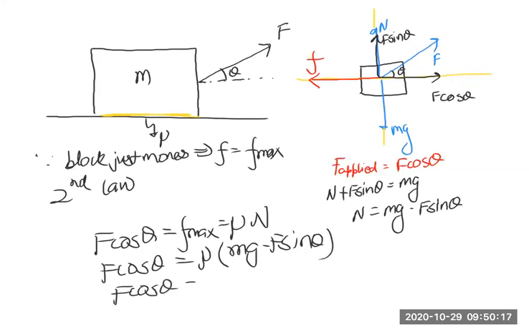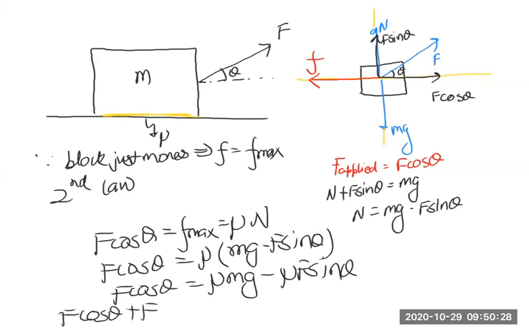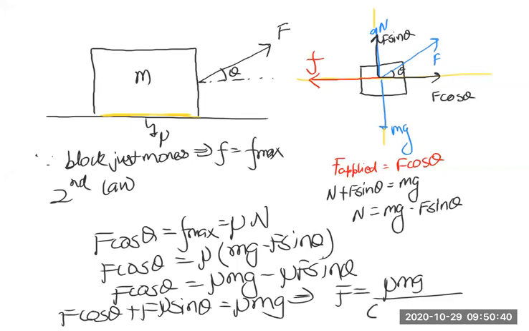F cosine theta will be equal to mu mg minus mu F sine theta. F cosine theta plus F into mu sine theta is equal to mu mg. This means that F is equal to mu mg upon cosine theta plus mu sine theta.